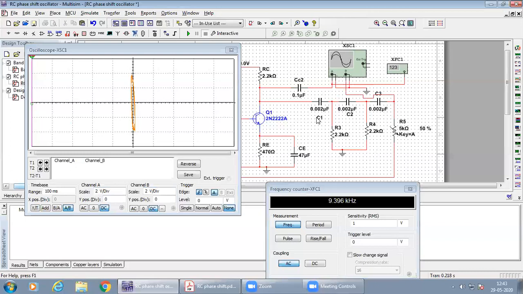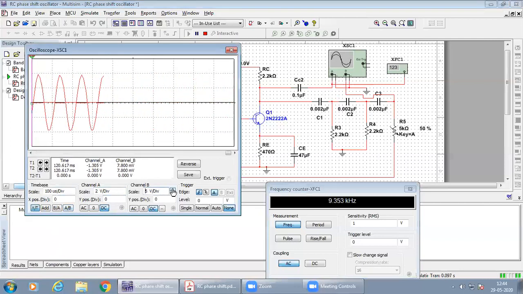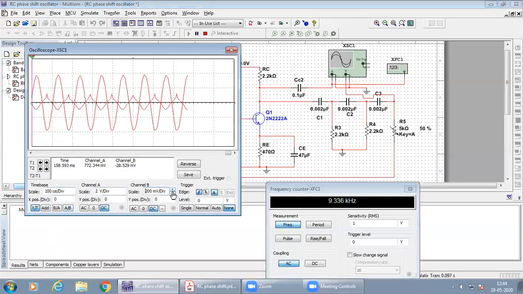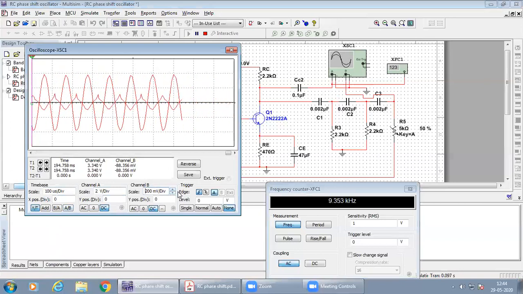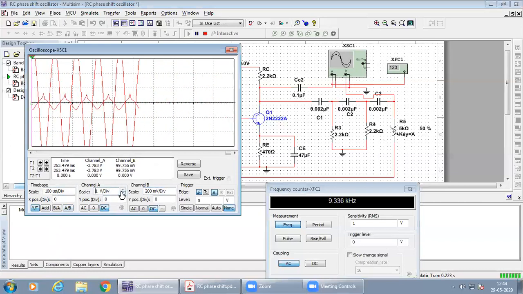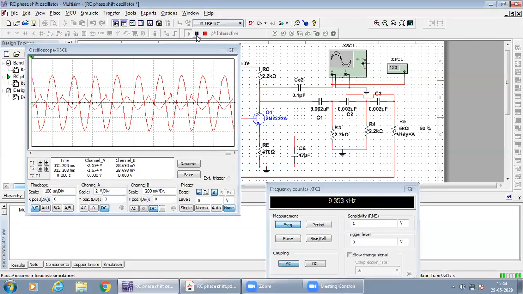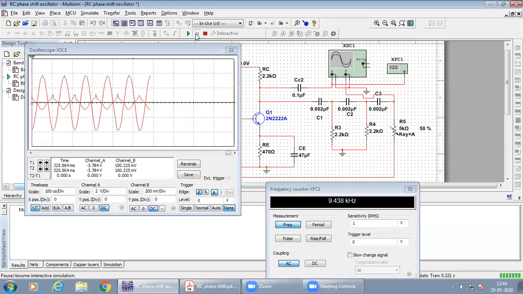Now I should obtain a phase shift of 60 plus another 60, which should be 180 degrees.